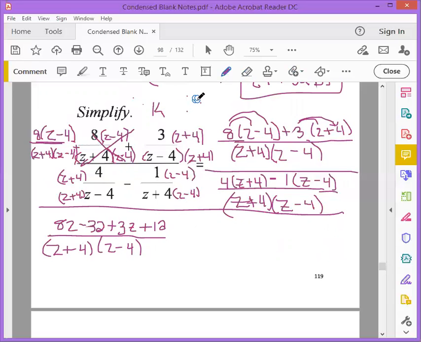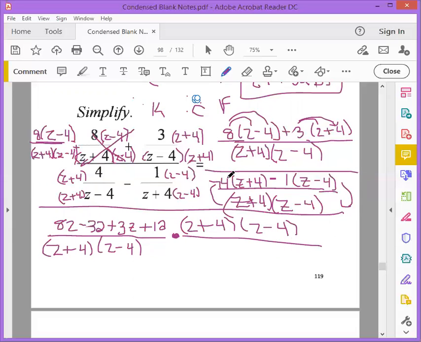We're changing our operation from division to multiplication, and then we're going to flip that bottom fraction. So those terms in the numerator will move to the denominator. Those terms in the denominator are going to move to the numerator. So the z plus 4 and the factor z minus 4 are going to be moved to the numerator.